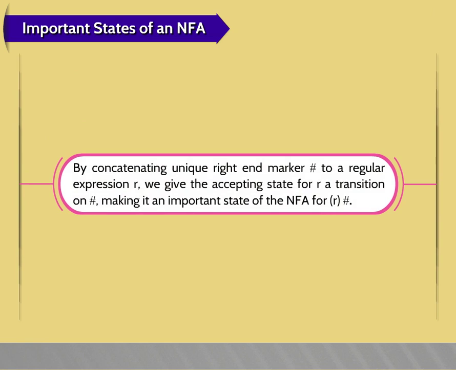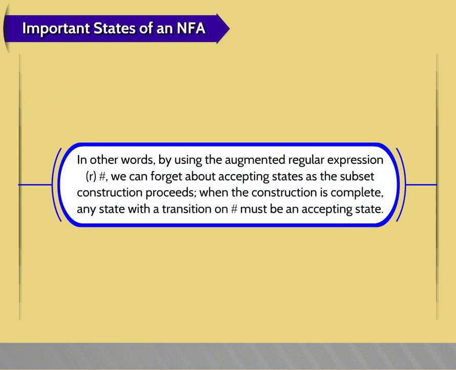By concatenating a unique right-end marker # to a regular expression R, we give the accepting state for R a transition on #, making it an important state of the NFA for R#. In other words, by using the augmented regular expression R#, we can forget about accepting states as the subset construction proceeds.